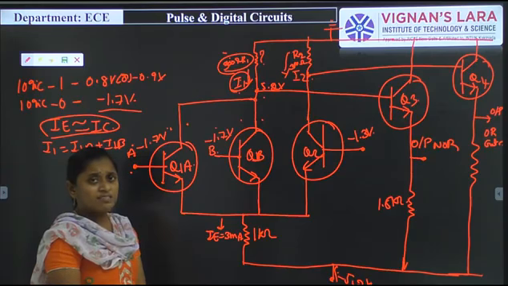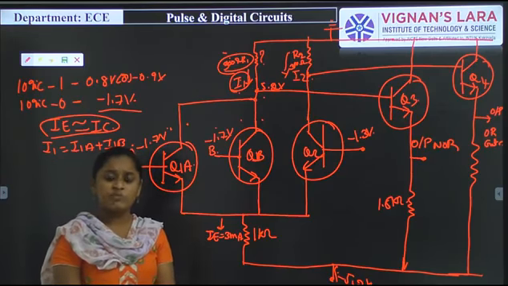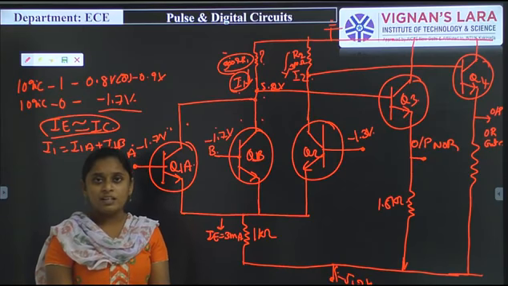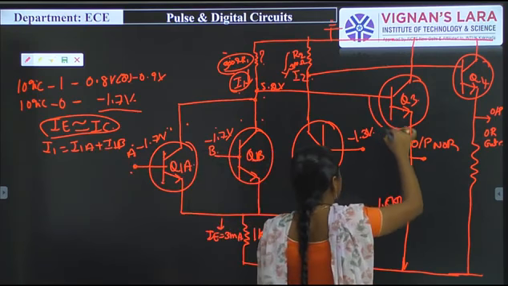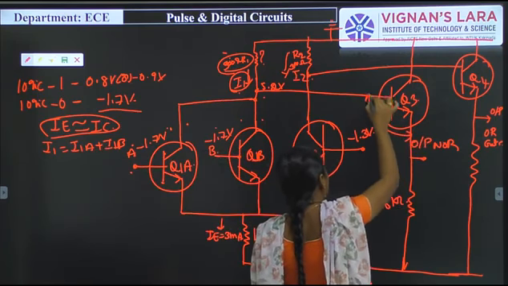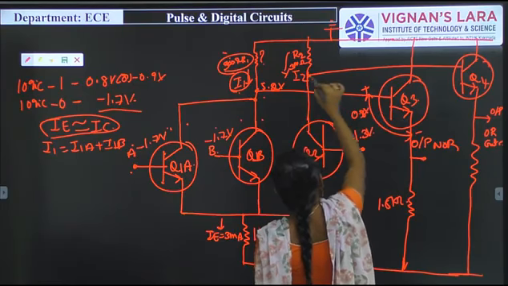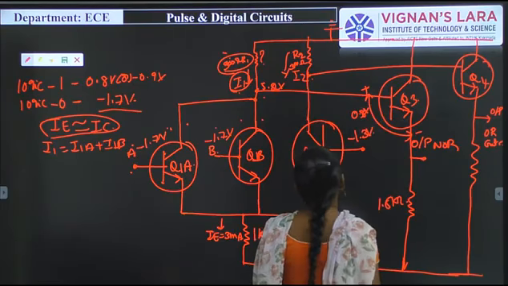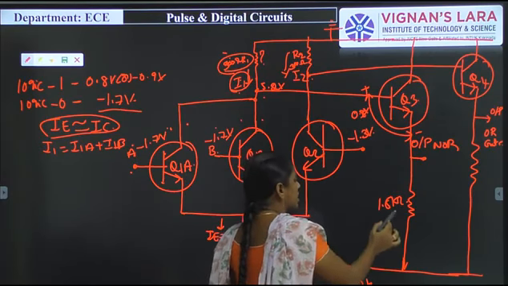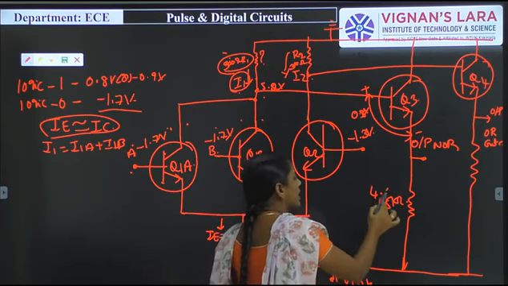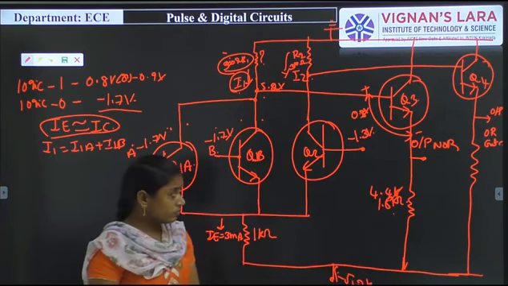When any transistor is in the active or saturation region, the base-emitter junction voltage must be more than 0.7 volts. Here we assume it is minus 0.8 volts. So the remaining voltage, that is 5.2 minus 0.8, is dropped across the 1.5 kilo ohm resistor.